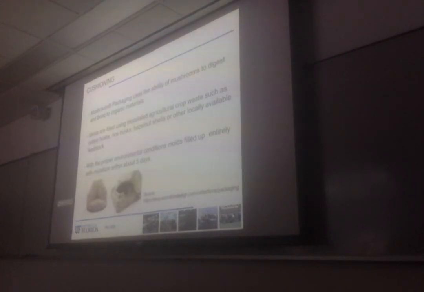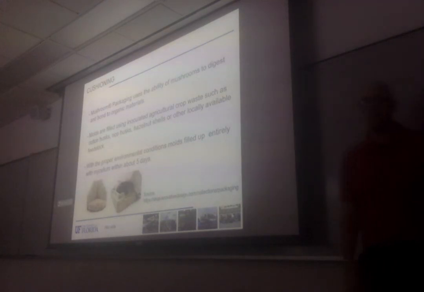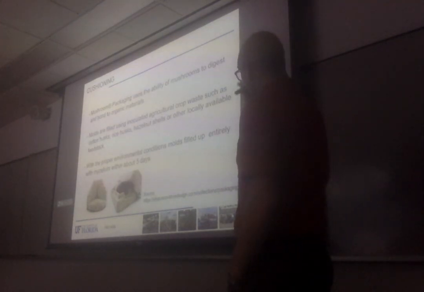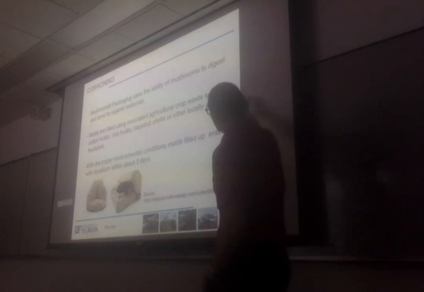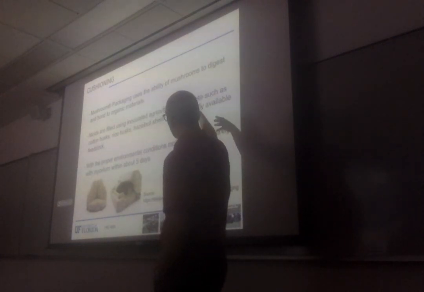They keep it in the right condition, and the mushroom grows and fills up the mold. Depending on the substrate that is used, and what kind of substrate can be used? You can have cotton husk, rice husk, hazelnut shells, a bunch of different things.